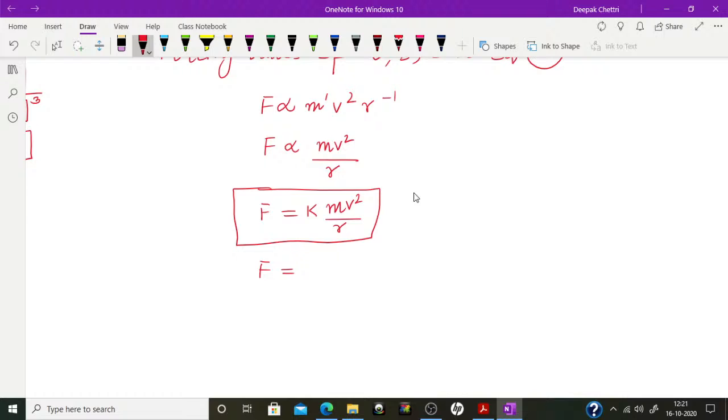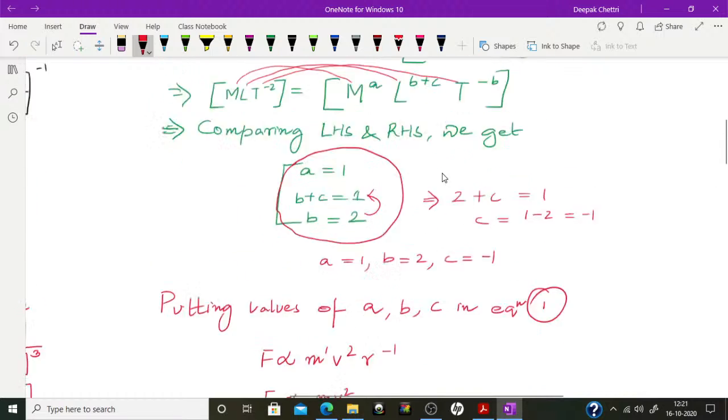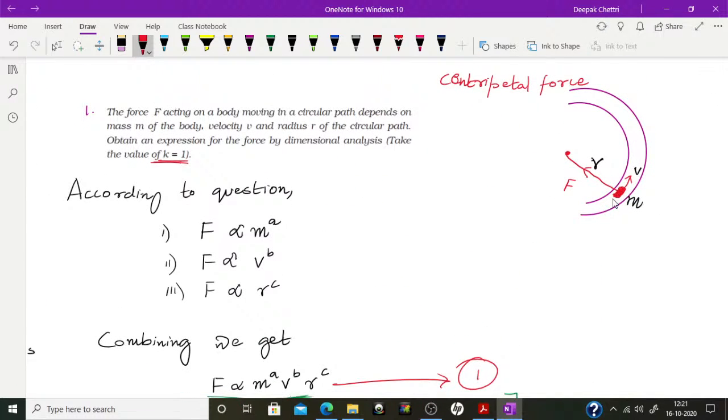So if I put 1, I will get mv square by r. So in fact, this is the exact formula. The force that is acting on this car or the object that is moving in this path will be mv square divided by r. This is the force that is pulling the object towards the center, and this is called your centripetal force.